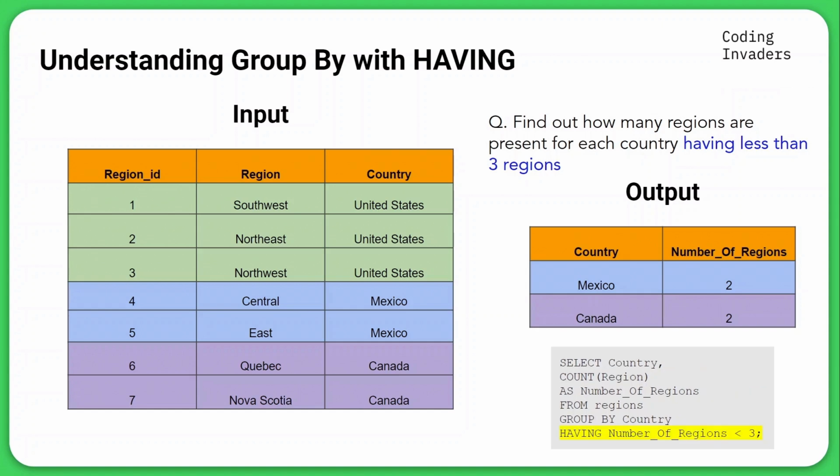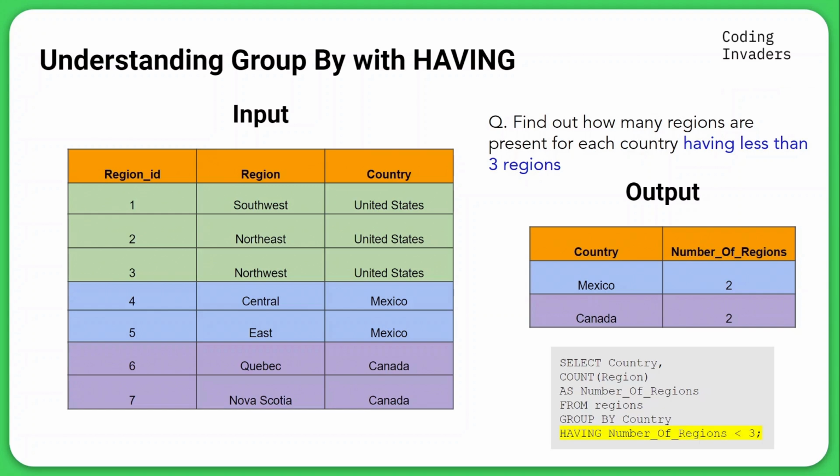Well, we added one line of the code after group by country is performed. This is to specify the condition having number of regions less than 3. And thus, we have solved a question to find out the count of regions for each country having less than 3 regions. If you see after group by, we are using having, we are saying number of regions.